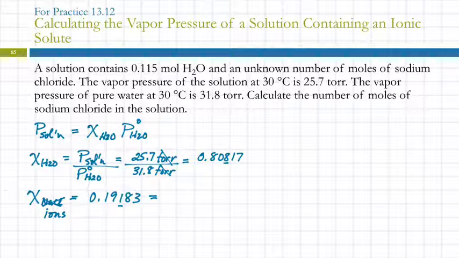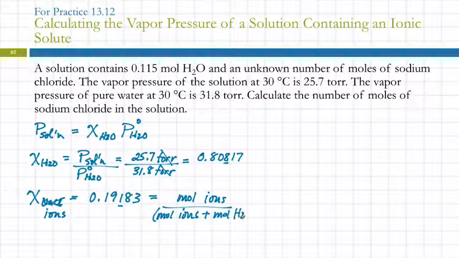So that's going to equal moles of ions divided by moles of ions plus moles of water. Right, because that's the definition of a mole fraction. So we've got moles of water.